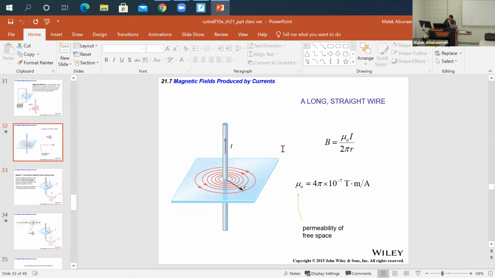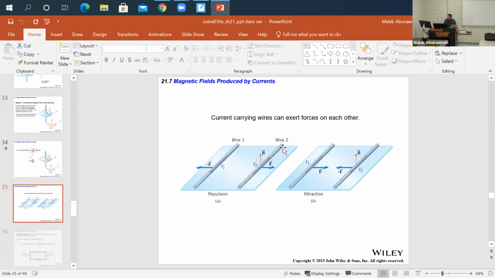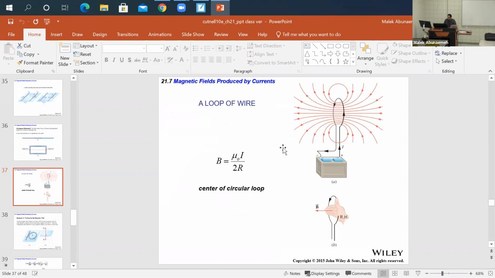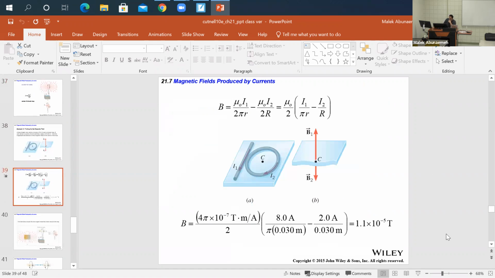Now for a long straight wire, the magnetic field is going to be mu naught I over 2 pi r, and again, mu naught is the permeability of free space, 4 pi times 10 negative 7 Tesla meters per amp. And when it is a loop of wire, your magnetic field would be mu naught I over 2r, where r is the radius.